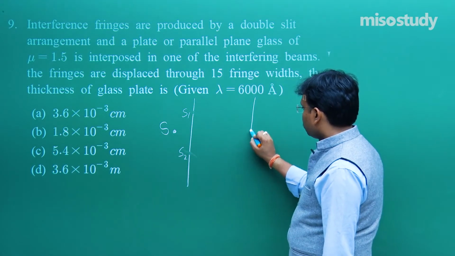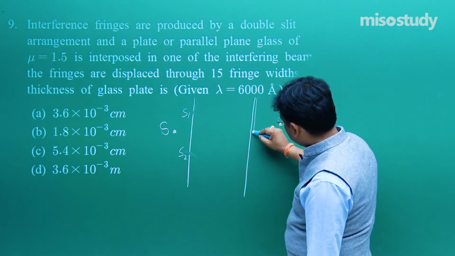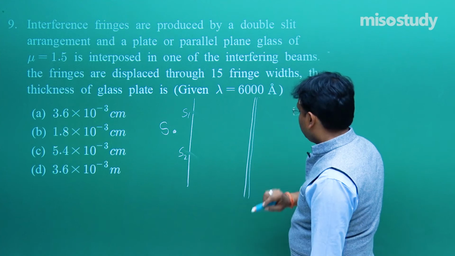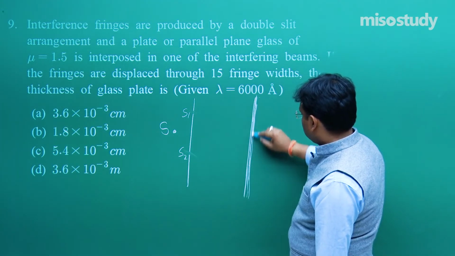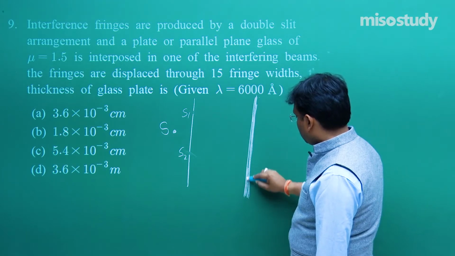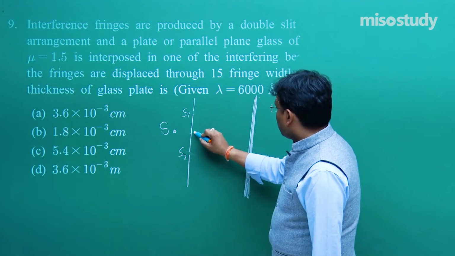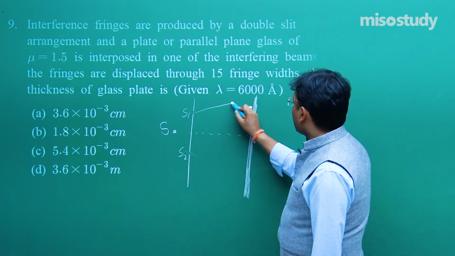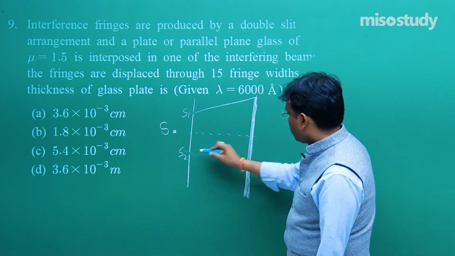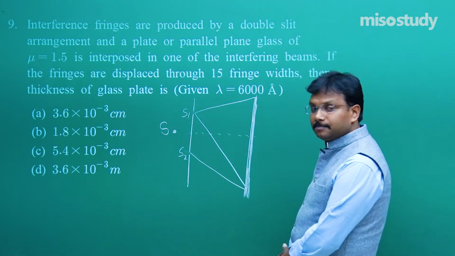Now, this is the screen. What will happen? Let us say you are getting fringes at this place or at this place, anywhere like this.